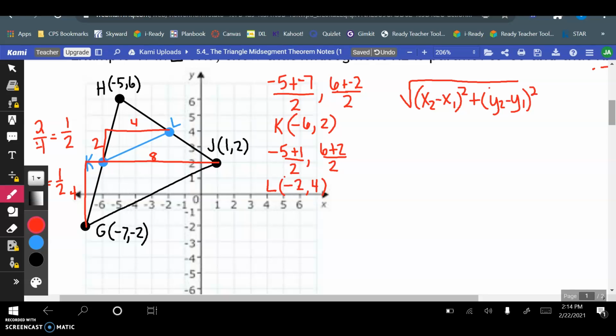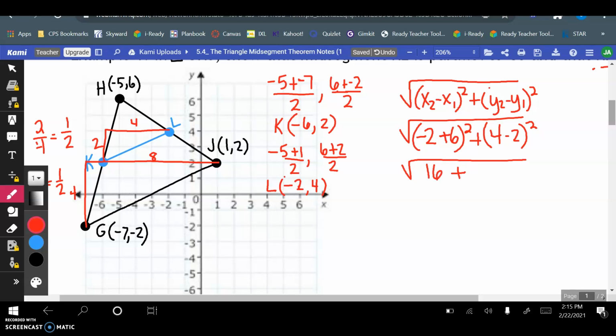So for the distance of KL, I am going to do -2 minus -6, so minus a -6 turns to a +6, squared, plus 4 minus 2 squared. And we have to simplify that. -2 plus 6 is 4, and 4 squared is 16. Then 4 minus 2 is 2, and 2 squared is 4. So that simplifies down to 20. So we have the square root of 20 here.